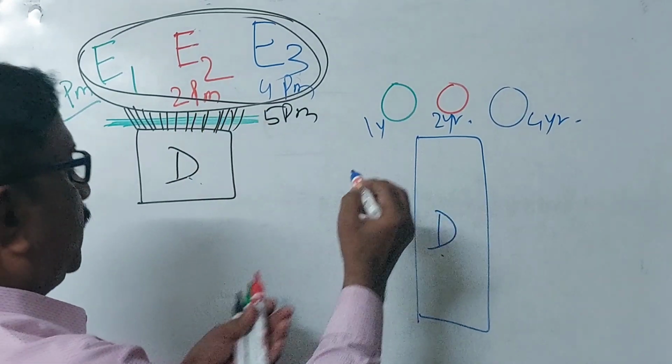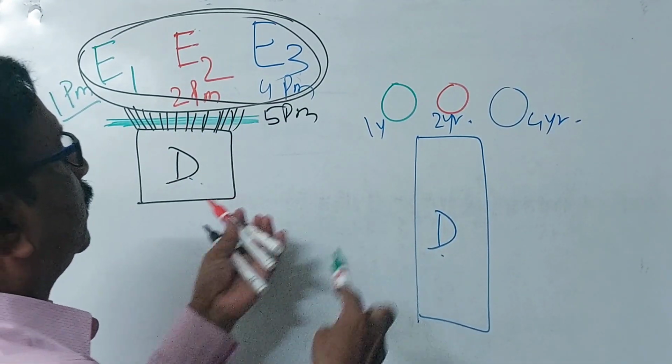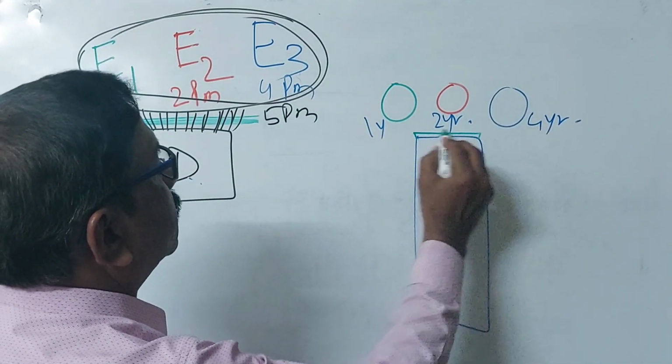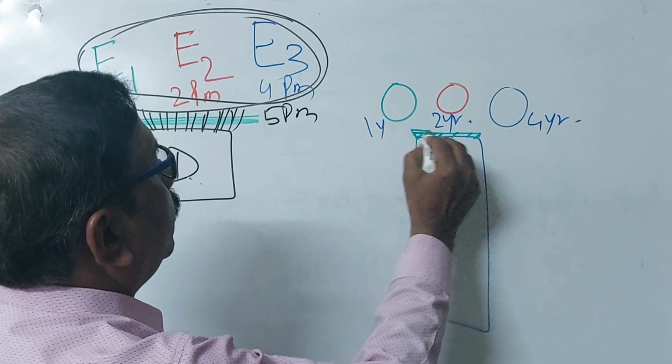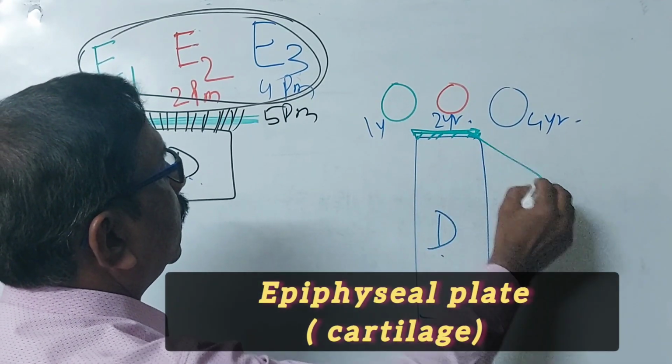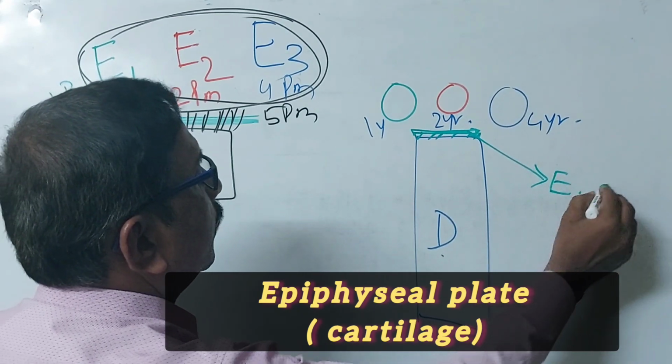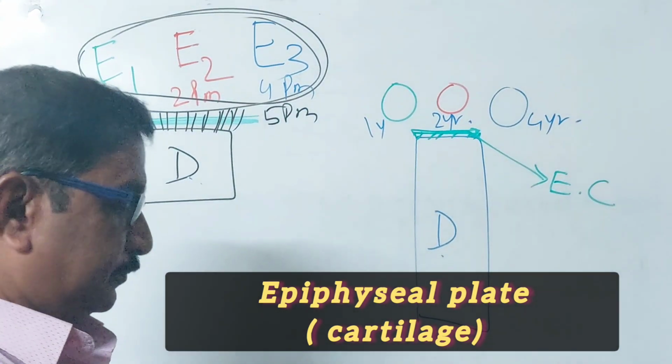And the partition here is the epiphyseal cartilage or epiphyseal plate.